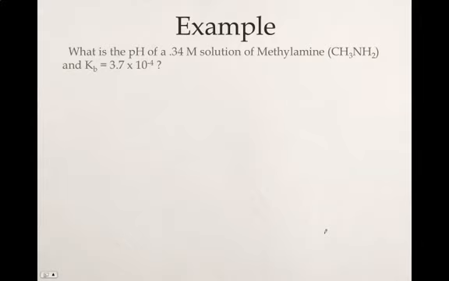So again, we're going to start out by writing our dissociation reaction. Because this is a base, we know it's a base because the Kb tells us it's a base, that means that we have to add water.